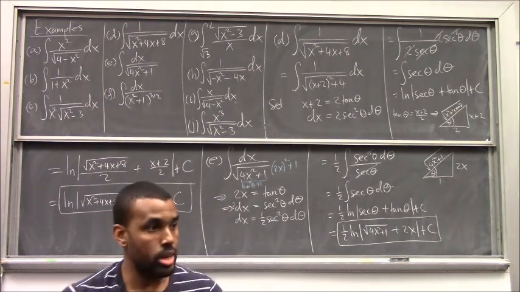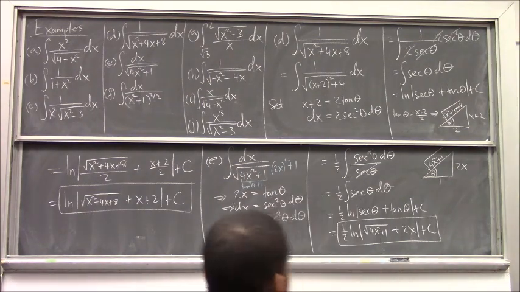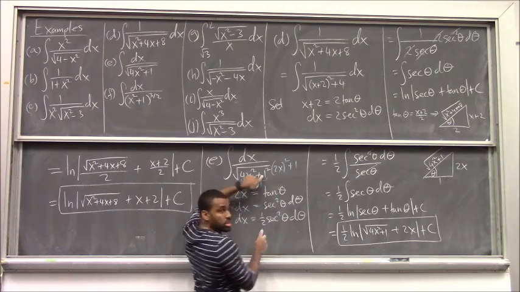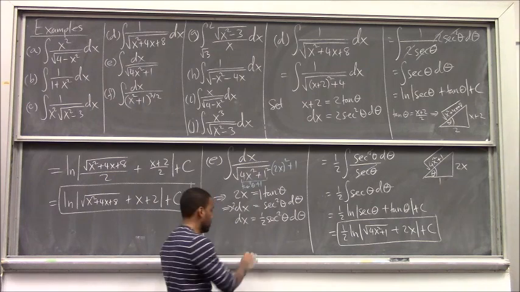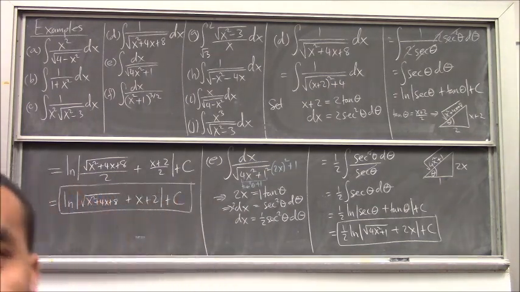So this is like the a part, like a tan theta. The a was 1. So this 1 squared is your a squared.